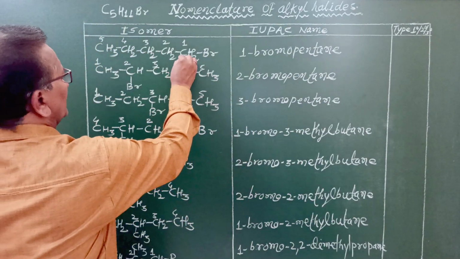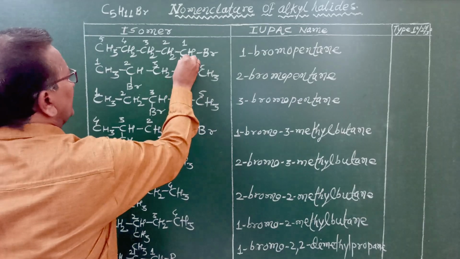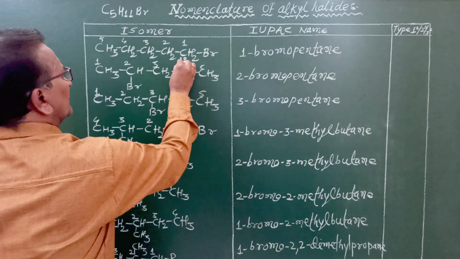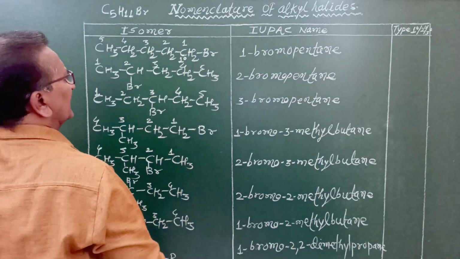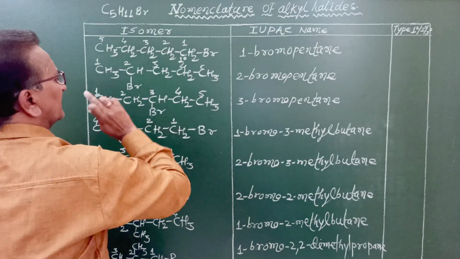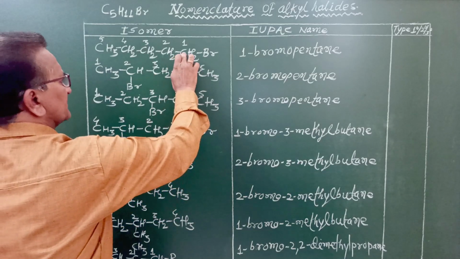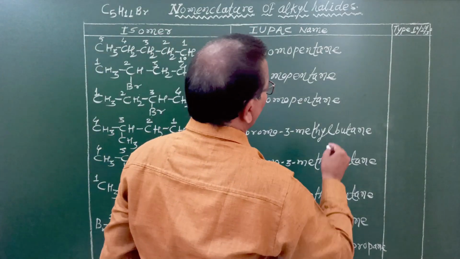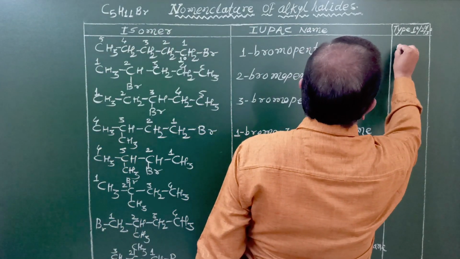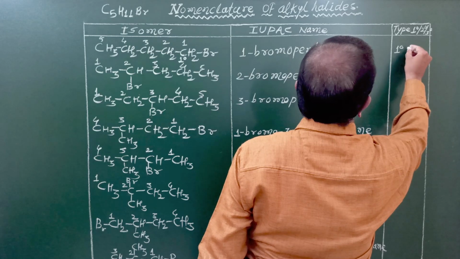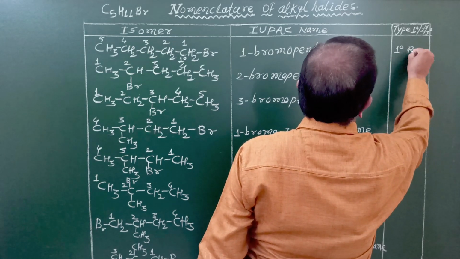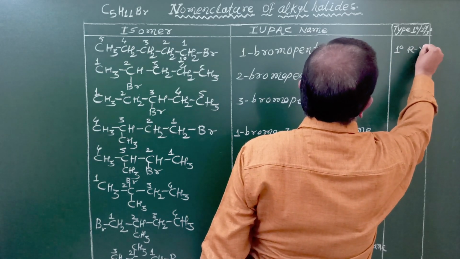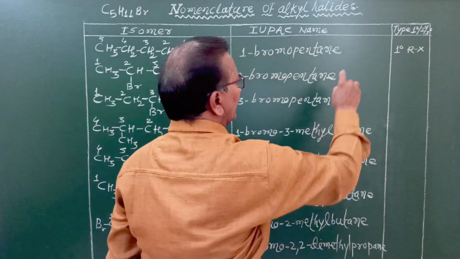This carbon atom is denoted as 1 degree because this carbon atom is bonded to only one other carbon atom. Therefore, this is primary. And to this primary carbon atom, the bromine atom is bonded. That's why this is a 1 degree alkyl halide. 1 degree RX we will write. RX, that is alkyl halide. You have to read it like this.